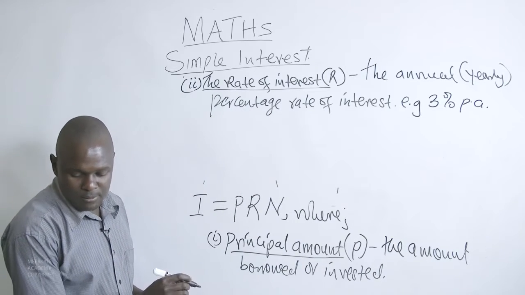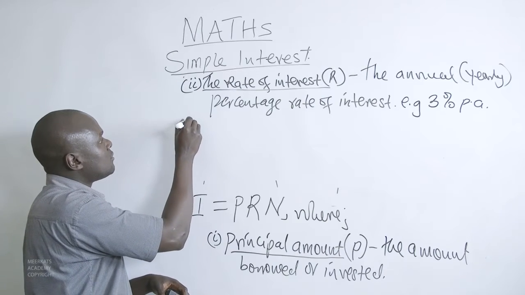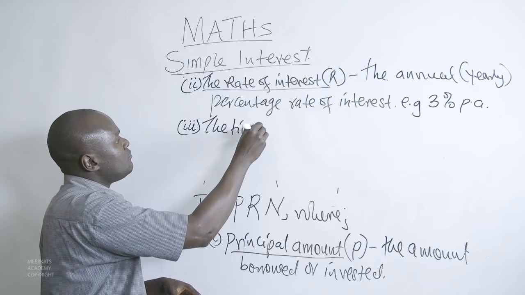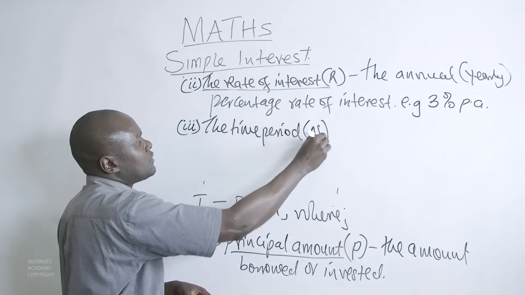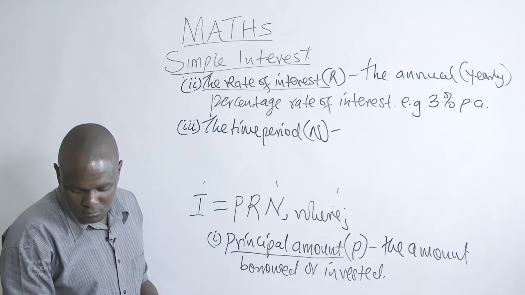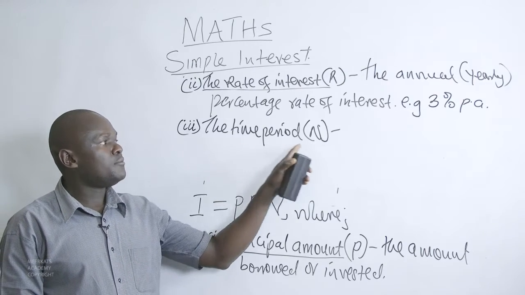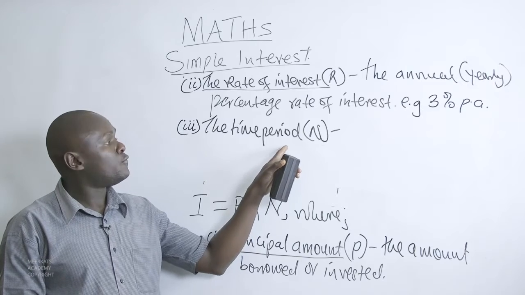The next variable we are looking at is the period, the time period, which is denoted by the letter N. And this time period is usually the number of years.